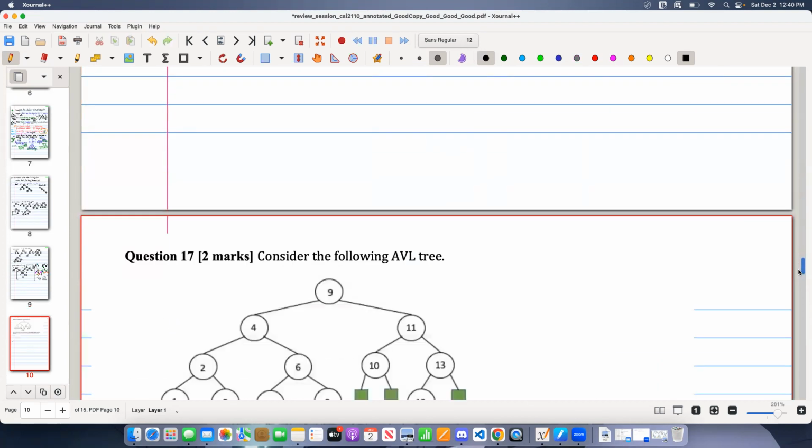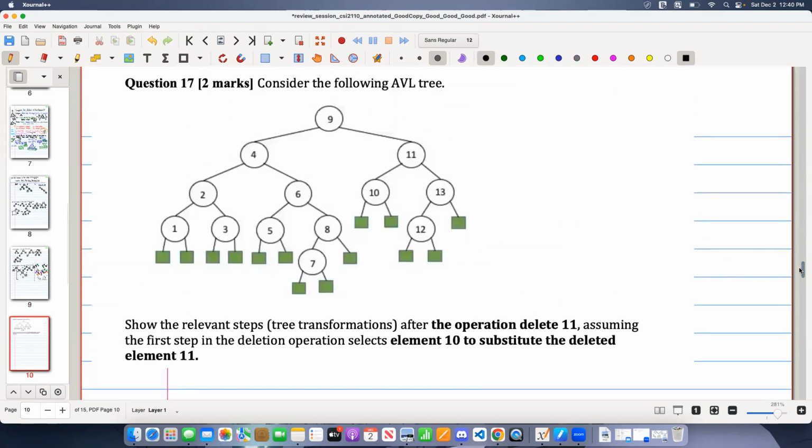Or we go to PQs. Okay, now this is more things. So we're going to delete 11, assuming that the first step in the deletion operation selects 10 to substitute the deleted 11. Like you were saying before, the professor taught you in order: the next one in order, you select to replace it.